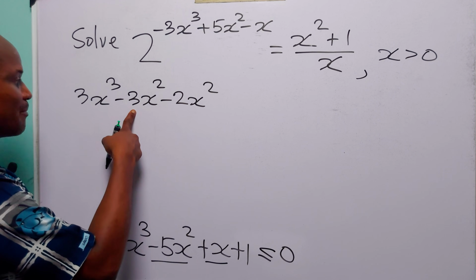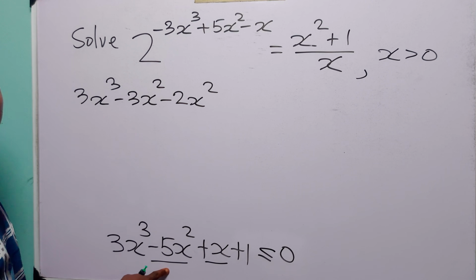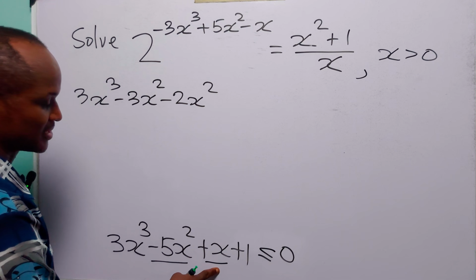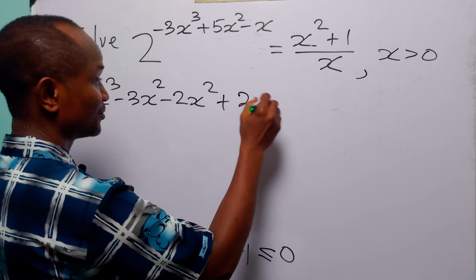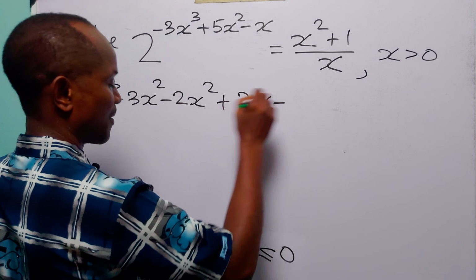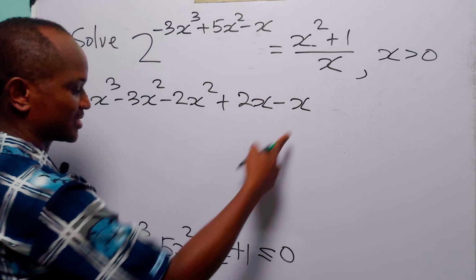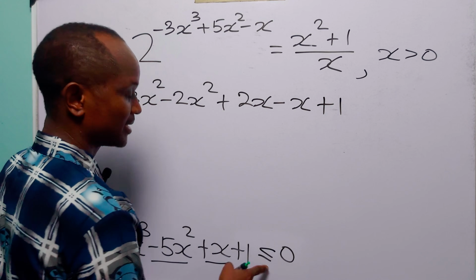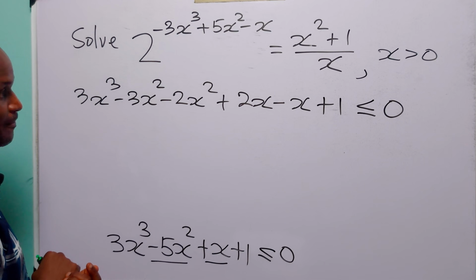Of course, you know that minus 3x squared minus 2x squared is going to give us minus 5x squared. Now, when we break up this, we have plus 2x minus x. Of course, 2x minus x is going to give us x. Then we have plus 1, and this remains less than or equal to 0.